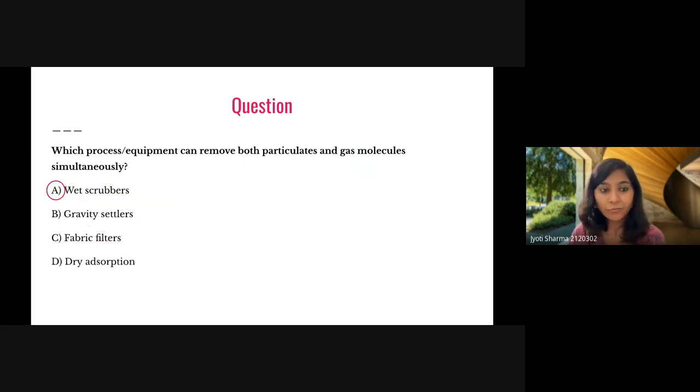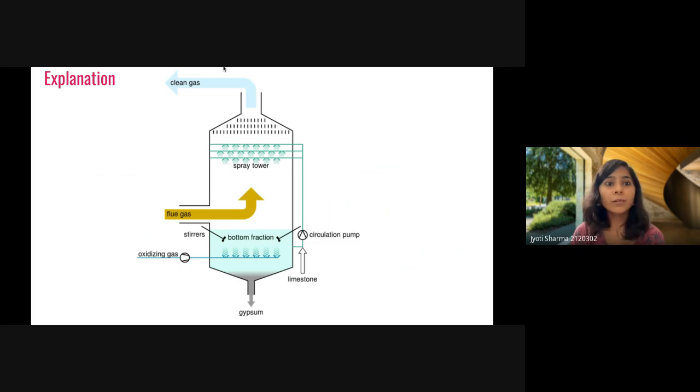Maybe I have a figure of a wet scrubber. This is what I was talking about. Here we have gas. That gas may have particulate matter. That gas may have SOx or NOx, that is sulfur oxides or nitrogen oxides. And there is a spray. That spray may have limestone. The purpose of limestone is that it can neutralize SOx.